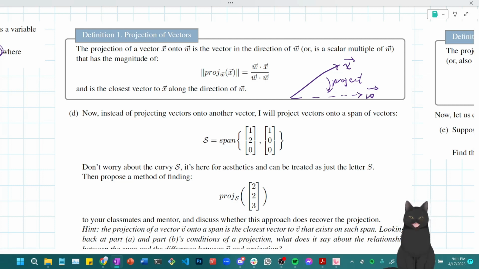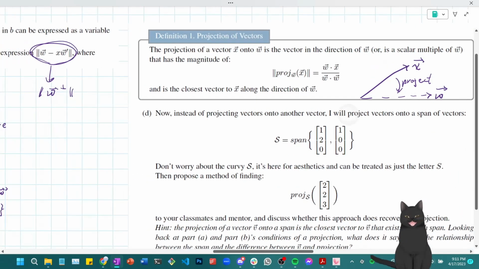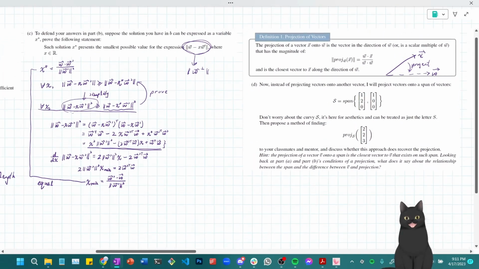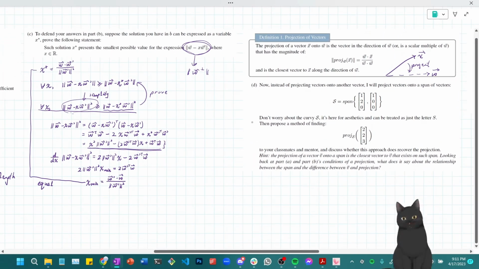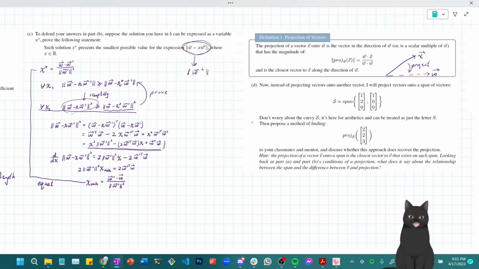So the projection is going to be a scalar multiple of w, and the projection has the magnitude of beta, which is exactly what we found before. It's going to be w dot x, which is the w prime dot w here, over w dot w, because w is the vector we project on.